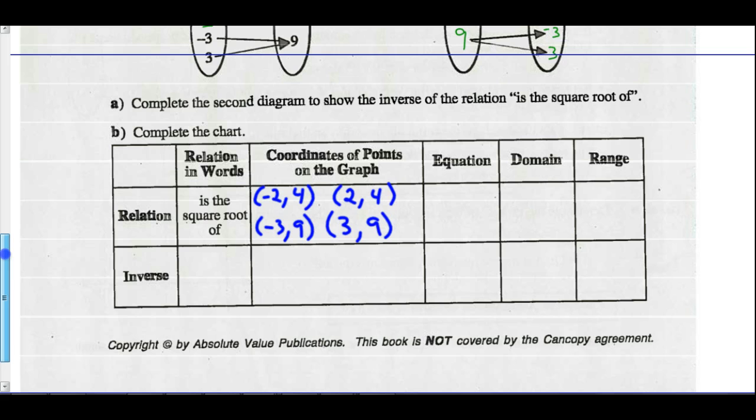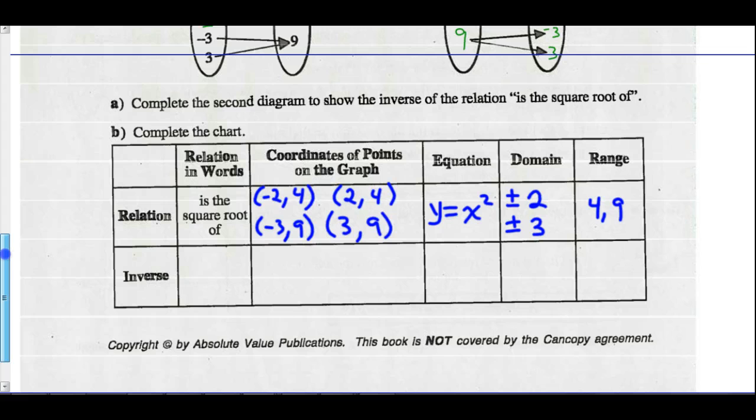The equation for this function would then be y equals x squared. The domain, well, x is simply plus and minus 2 and plus and minus 3. The range is simply 4 and 9.